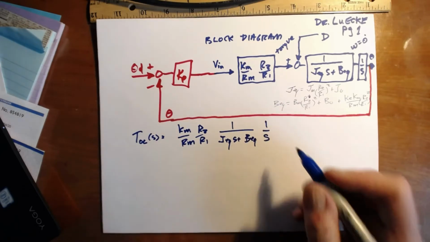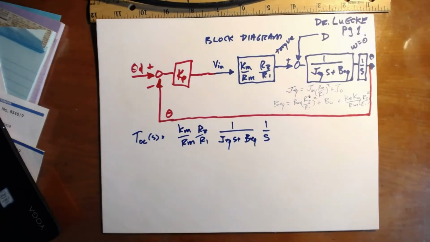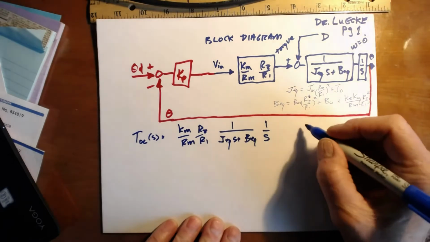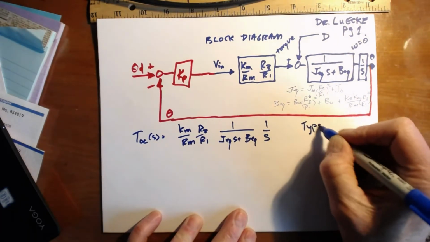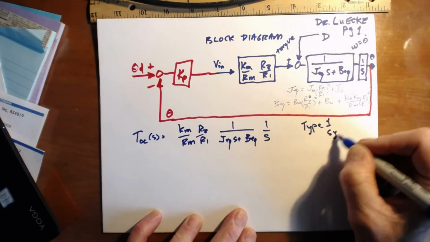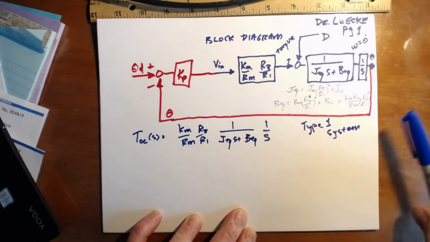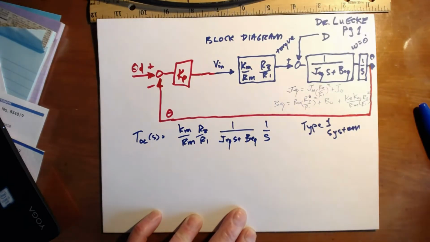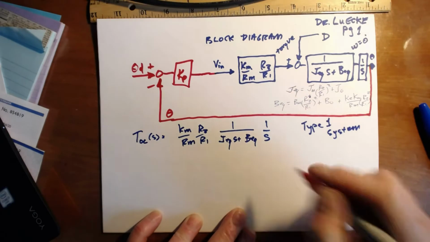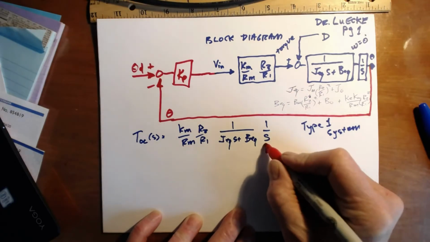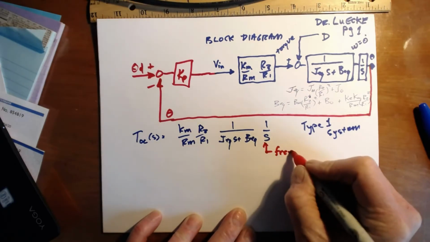One thing I want to point out here, there are some constants involved. What I'm going to point out is that this is a type 1 system. Type 1 refers to there being one free integrator.